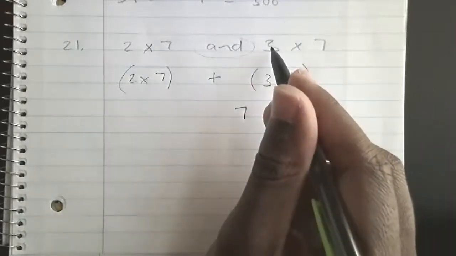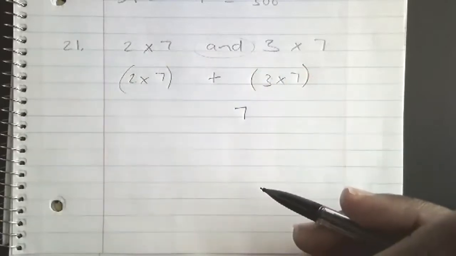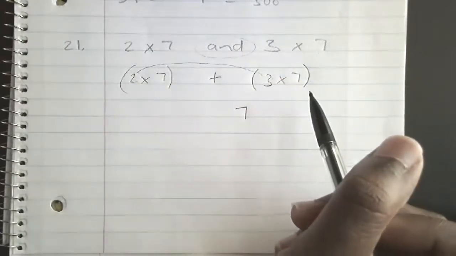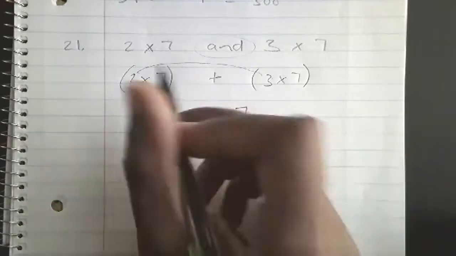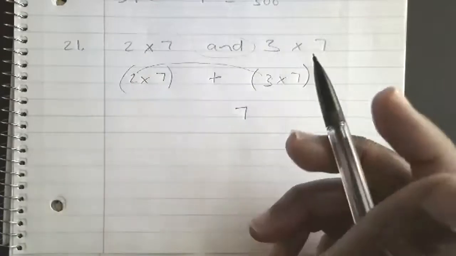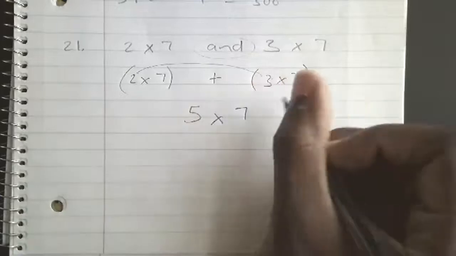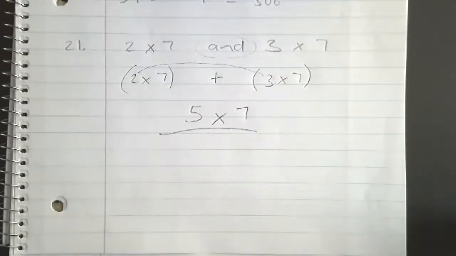Now, when we take a look at these two numbers, we see that this was broken down into addition. So all we need to do is add those two numbers to get that original starting number, okay? So 2 plus 3 equals, or I did it wrong, 3 plus 2, 2 plus 3, okay? I did it in the wrong order with my finger, okay? That equals 5. So we have 5 times 7 for our original array, okay? All right, so Rafe started with a 5 times 7 array.